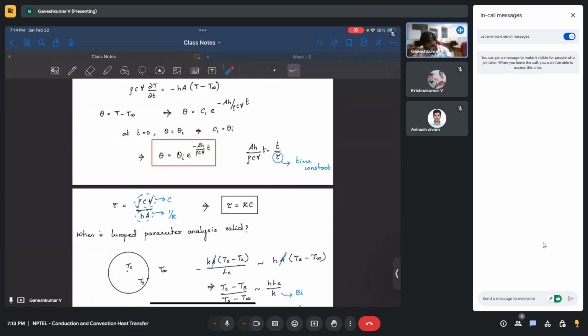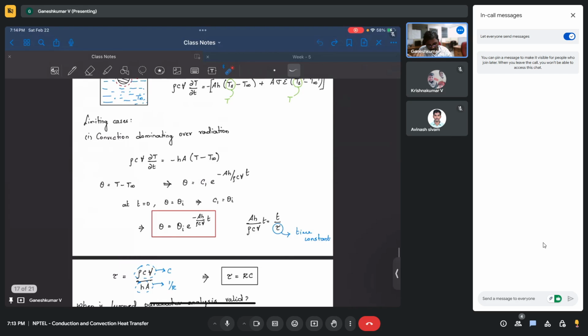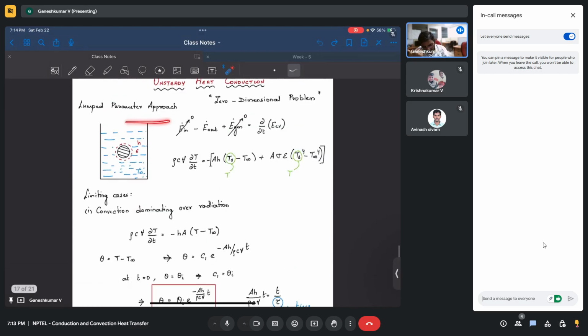Which means with the space it should be uniform, right? So that is one of the important assumptions that we need to make if we are following the lumped parameter approach. Lumped parameter approach means there is no variation along the space, or there is minimal variation along the space.